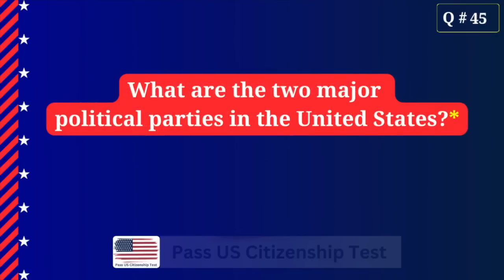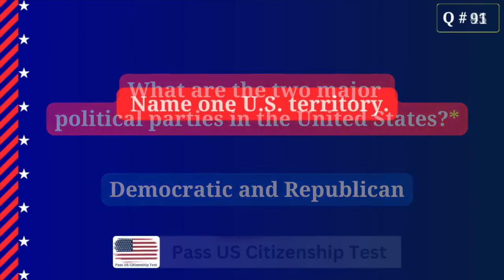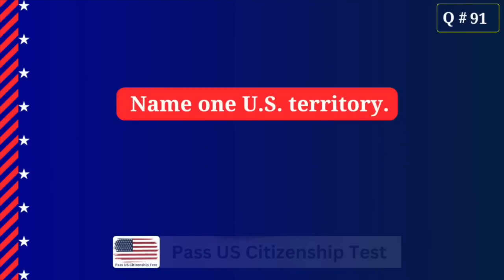What are the two major political parties in the United States? Democratic and Republican. Name one U.S. territory.